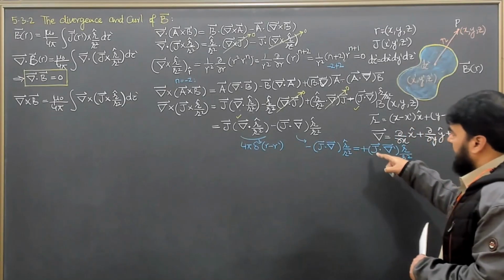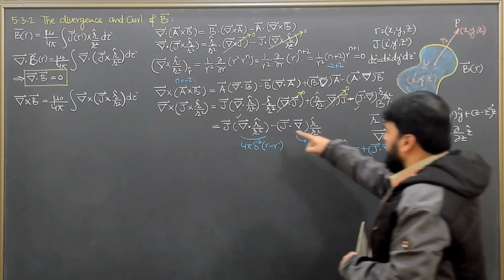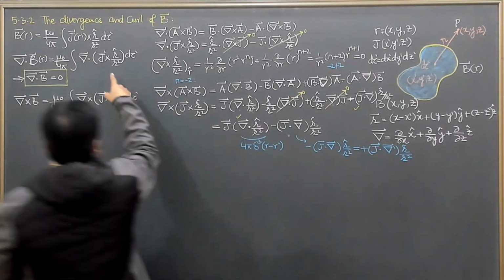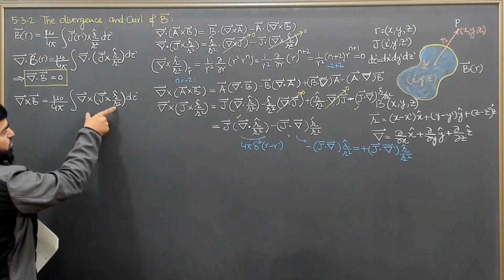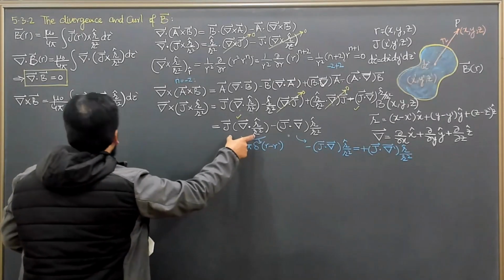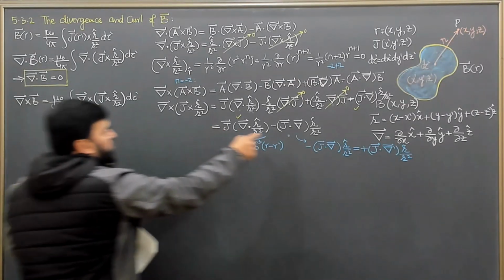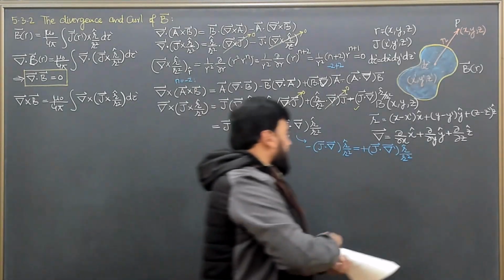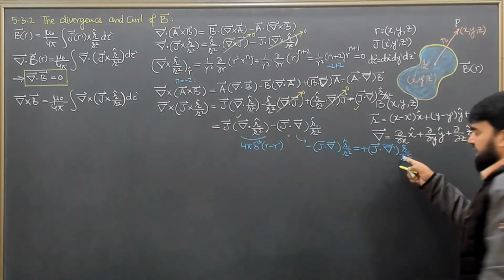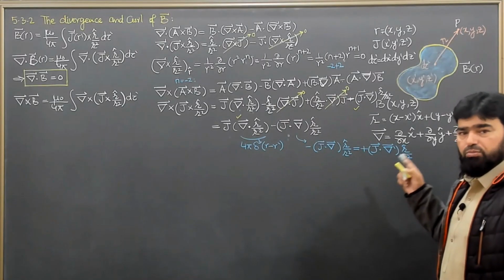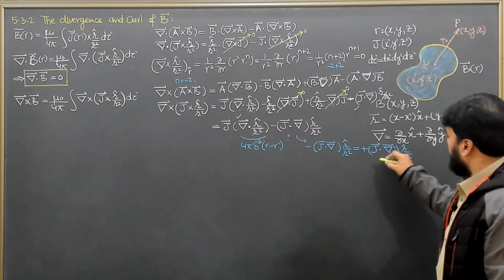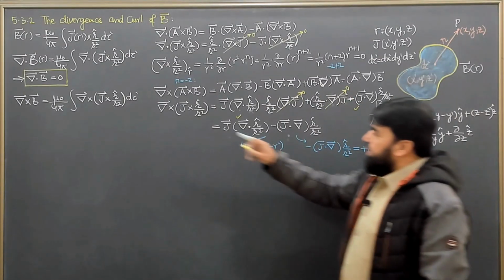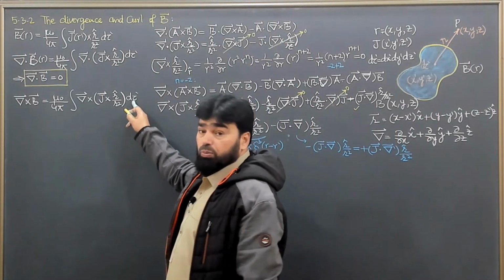When I integrate this term, it will give me one term, and then the other term on integration will go to 0, as it has the 1 over R squared term together with the R squared in the volume element, because here I have d tau prime.